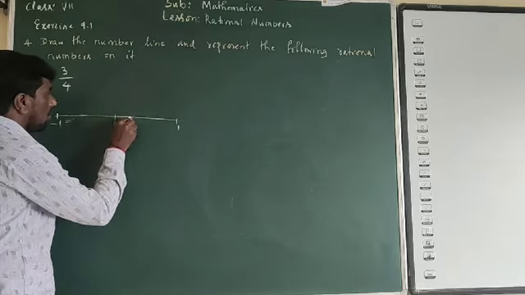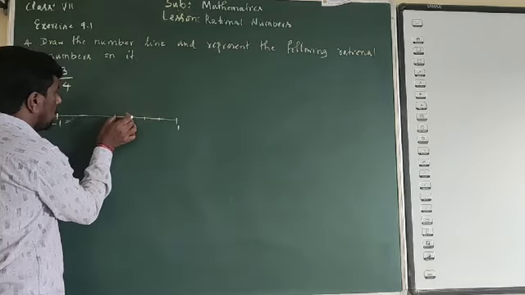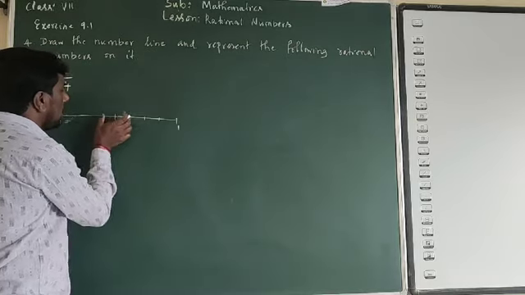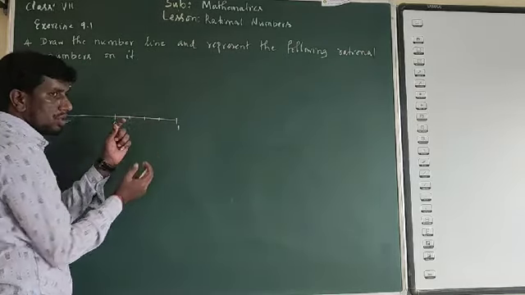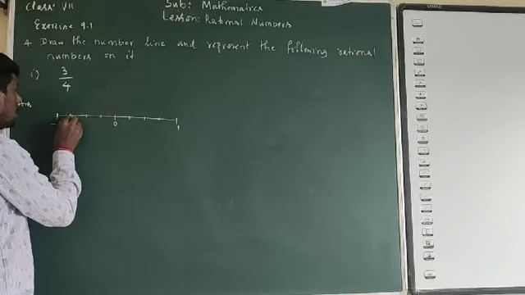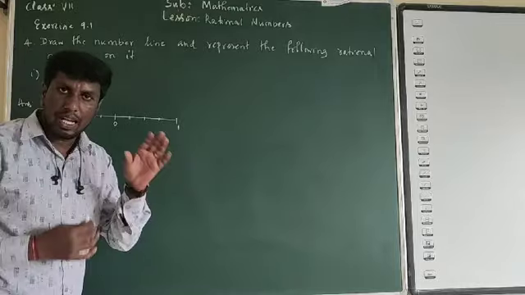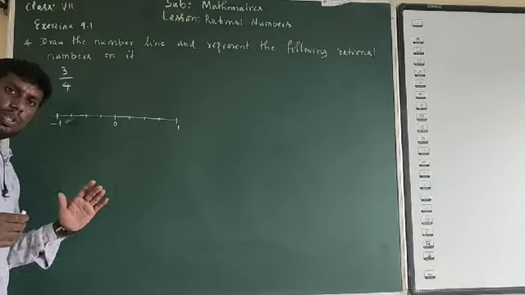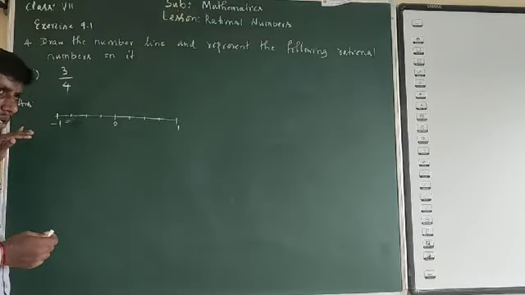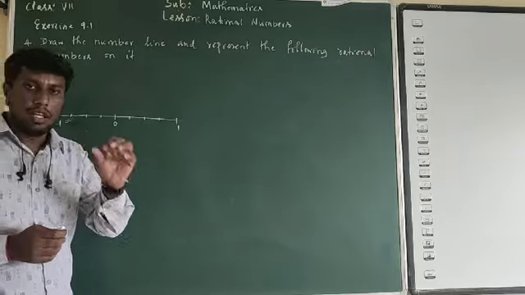So let me divide it: 1, 2, 3. Now 1, 2, 3, 4. The interval is divided into 4 equal intervals. This is also 2, 3. This is not required, still I am doing it, since I am representing the rational number, I have to do the negative numbers also, at least while drawing the number line.